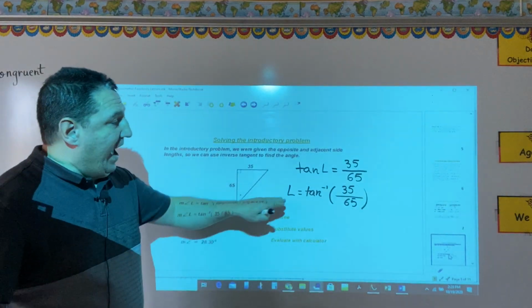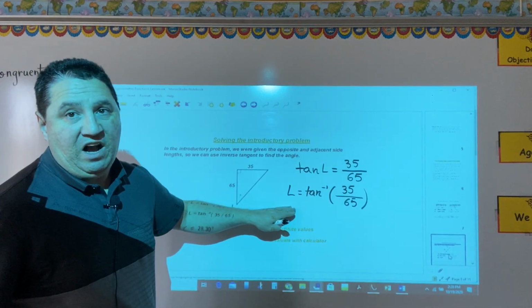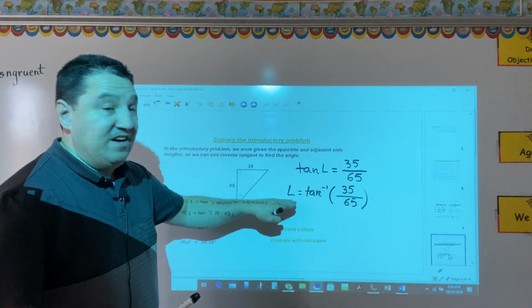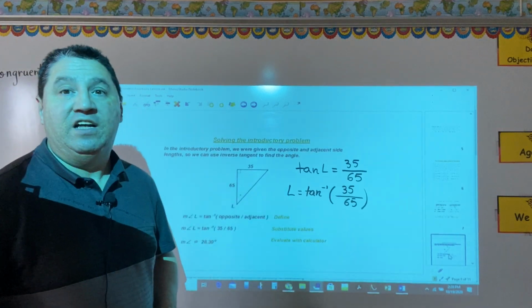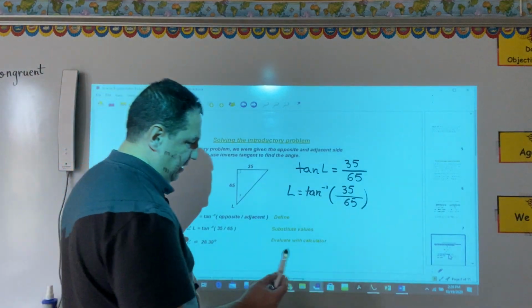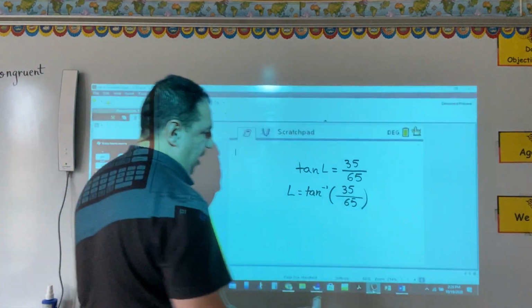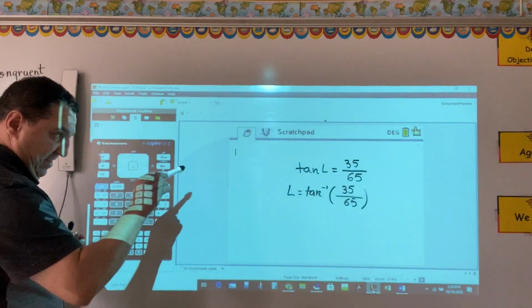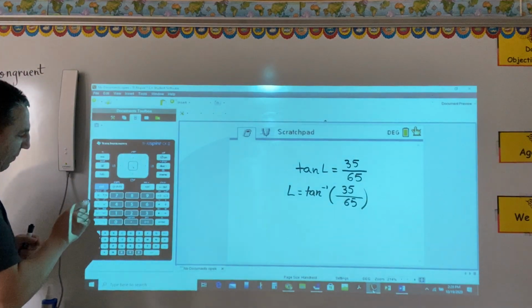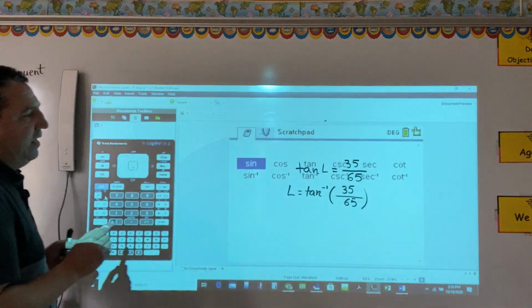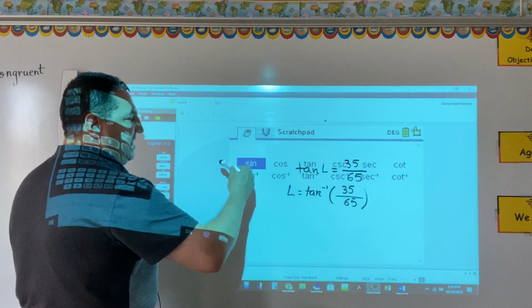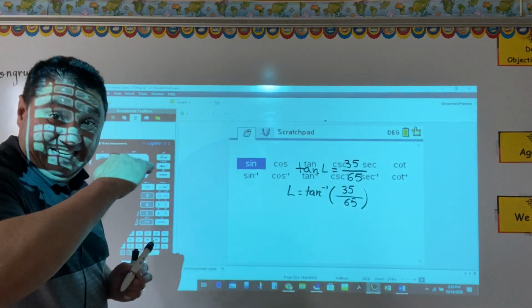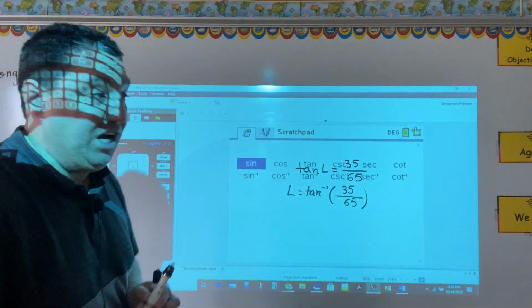Now, in order to estimate angle L, we need a calculator. And I'll show you how to find the measure of angle L using the TI-Nspire calculator. Here, to find the measure of the angle L, we press trig. As we can see, in the first row there are trigonometric ratios.